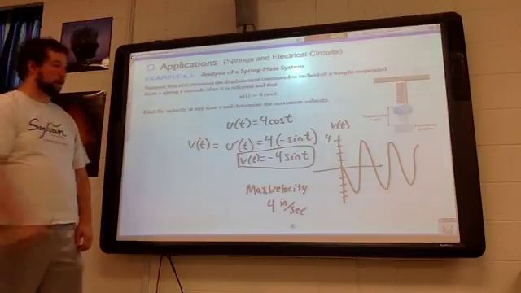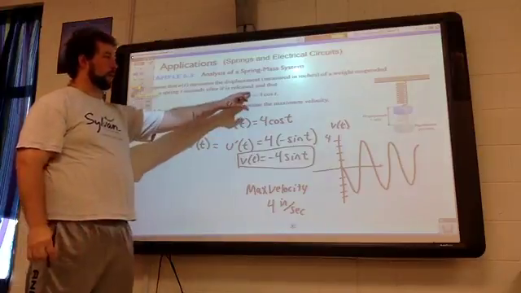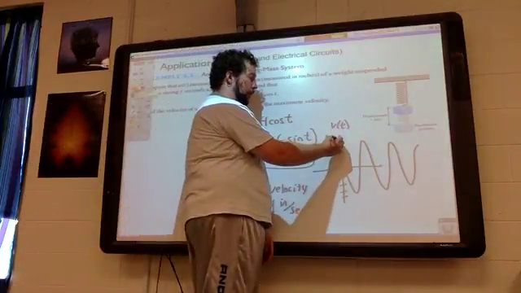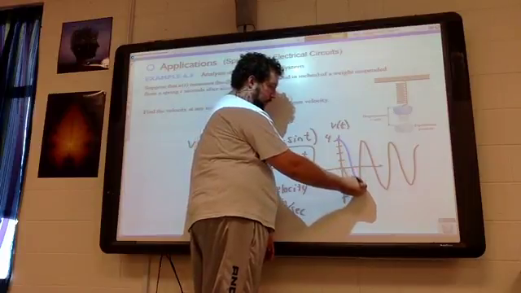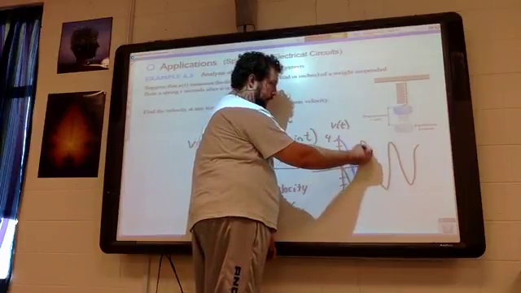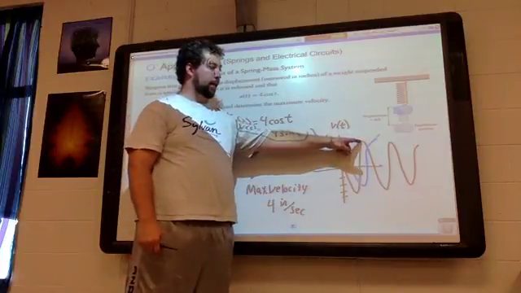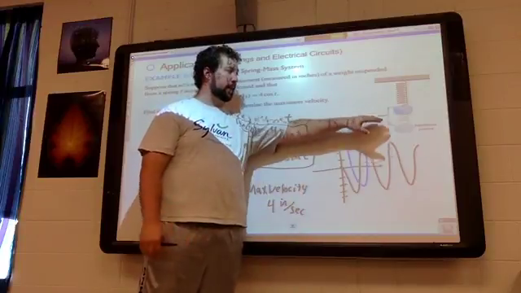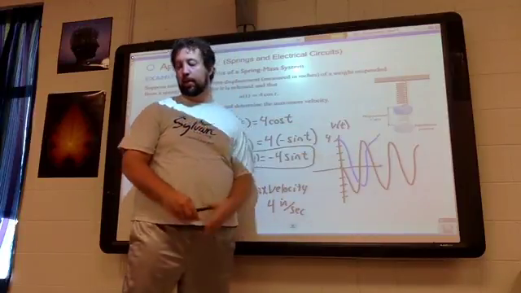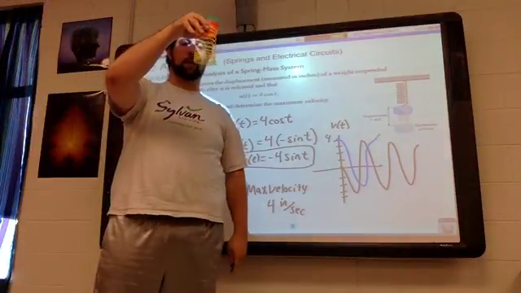All right, we can do a little bit more thinking here and figure out where that occurs. 4 cosine starts up at 4, then comes down, and then goes back up. And where that maximum velocity occurs is when the spring is at its equilibrium point. At the very end, it's going to rest somewhere.